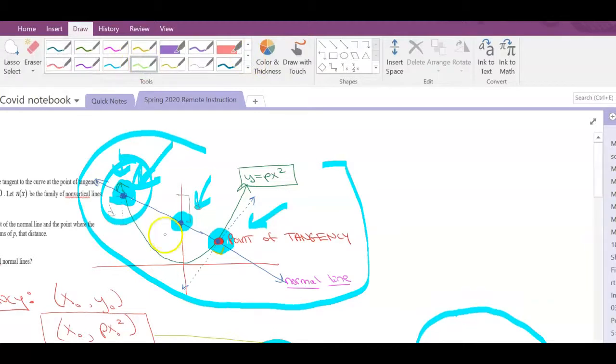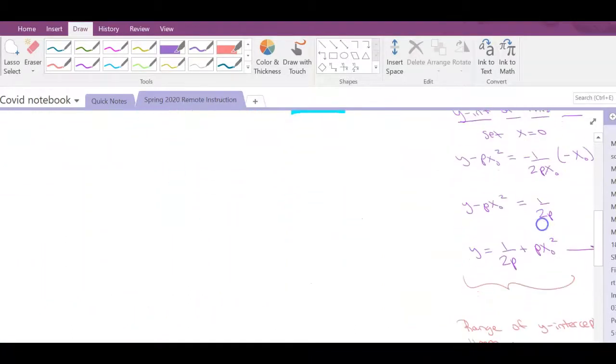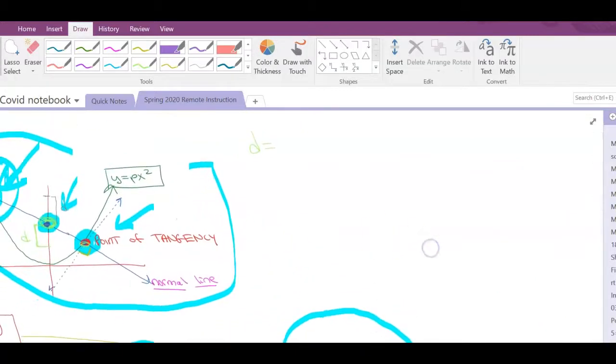So really, the distance they wanted was this vertical distance, D, between the y-intercept and the point of tangency. It would be so much easier. So that vertical distance D is the y coordinate of the y-intercept, which is 1 over 2p plus p x naught squared.